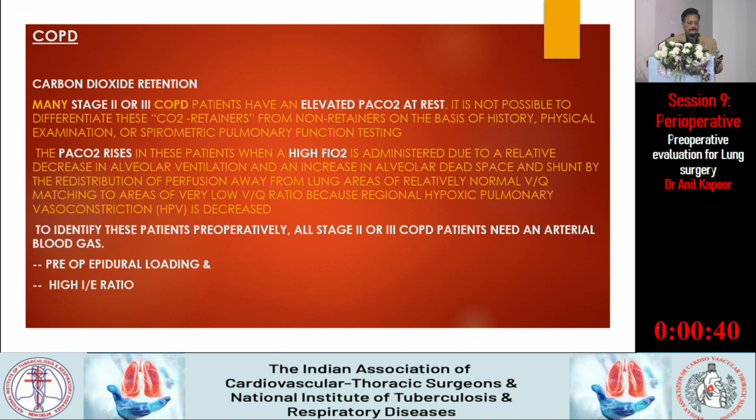In COPD patients, all the patients should be subjected to ABG investigation, because there are some patients who are carbon dioxide retainers, and when you give high FiO2 during surgery, they get toxicity. And another important thing is that if you are planning for an epidural catheter to be placed, then prophylactic anticoagulation is also very important to consider, because it should be either 2 to 4 hours after placing the catheter, or about an hour before.